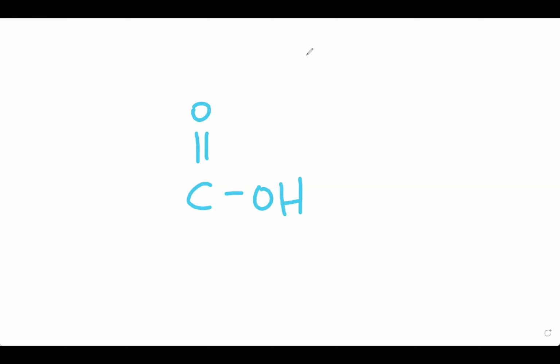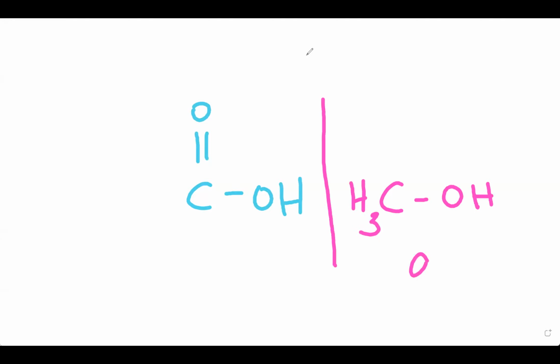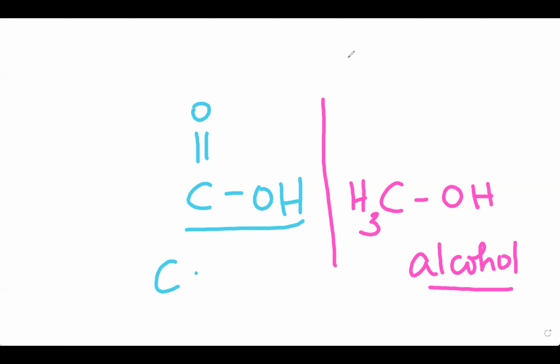Remember the difference between an alcohol and a carboxylic acid: the alcohol group is going to have a C that's attached to this OH group. There's no double bonded O. There's no carbonyl group. So this guy would be an alcohol, and this guy would be what's called a carboxylic acid.